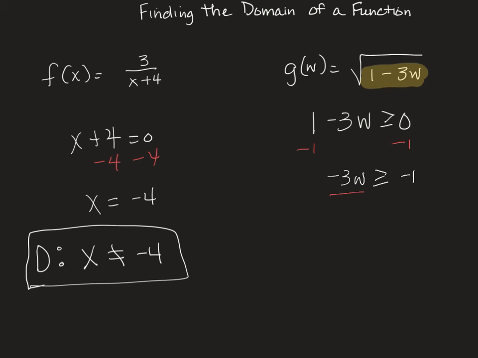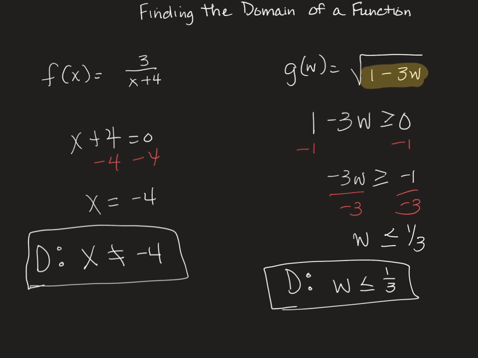We're going to divide both sides by -3. W, and this is 1/3. Remember, my inequality now has to change directions. Okay, and then it tells me to write my domain. Domain is W is less than or equal to 1/3, and there is my answer.